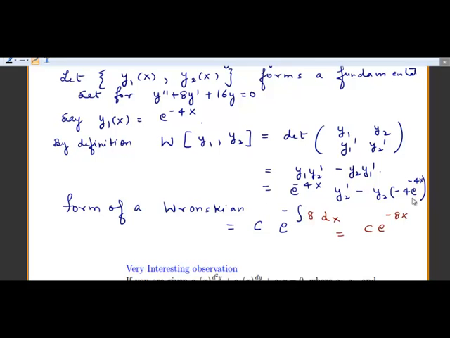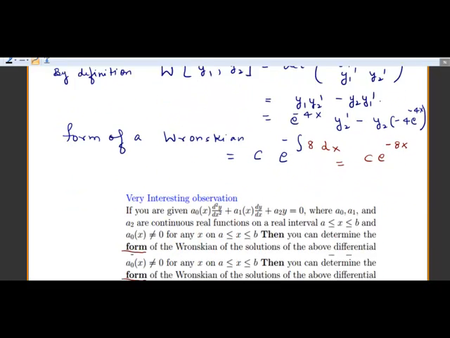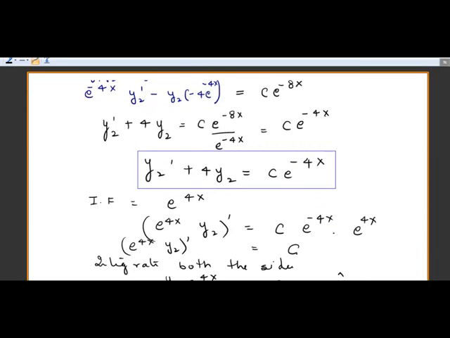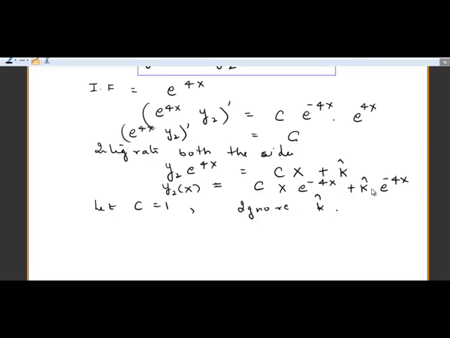So we get by definition this to be Wronskian. By form, we get this to be Wronskian. We equated both of them. And what exactly are we looking for now in this slide? I just want one word: we are looking for y2, the second member of the fundamental set. That's exactly right. And we end up getting this expression right here for y2.